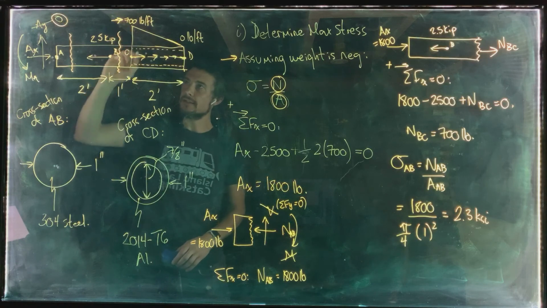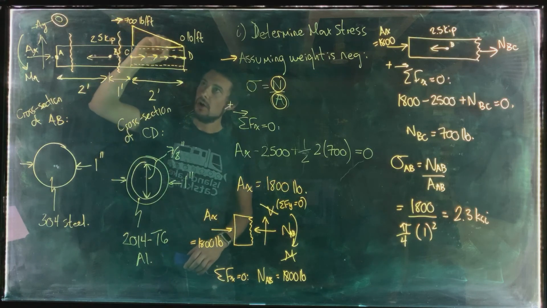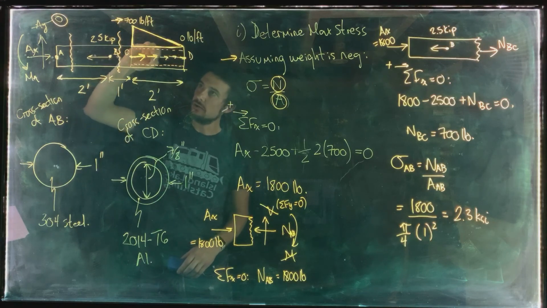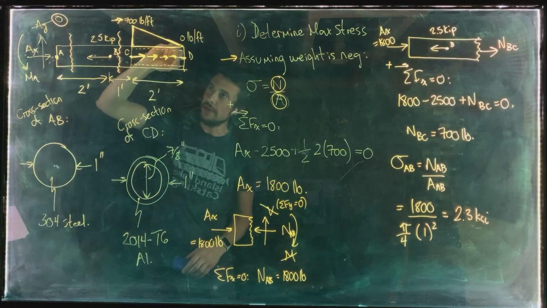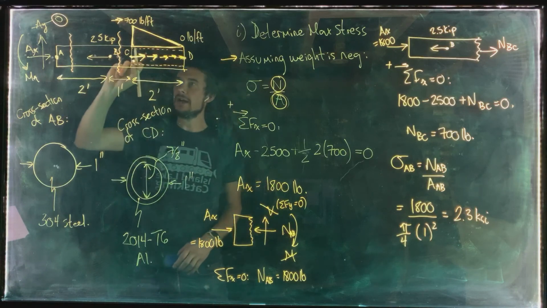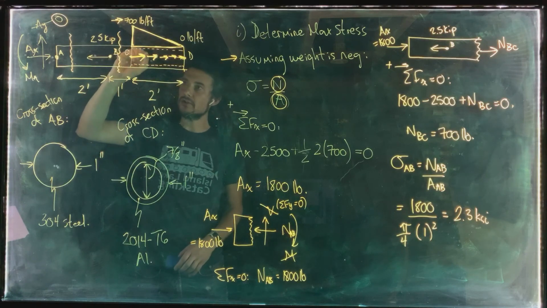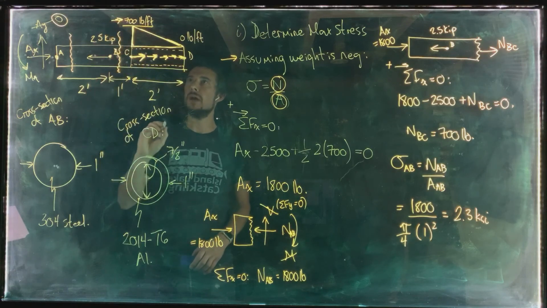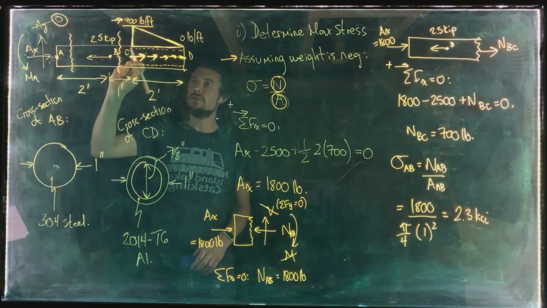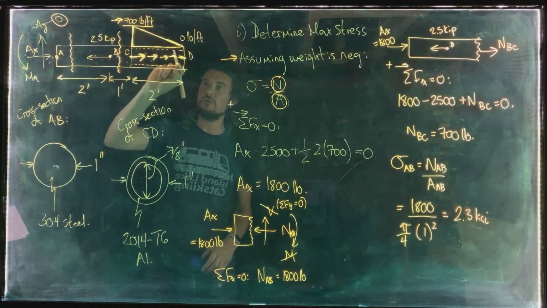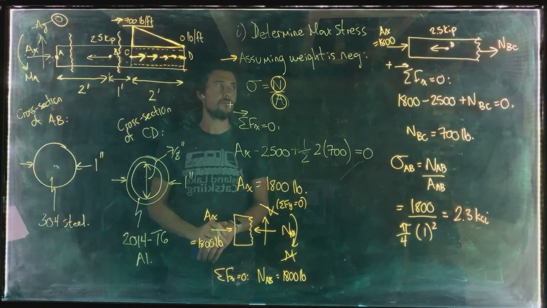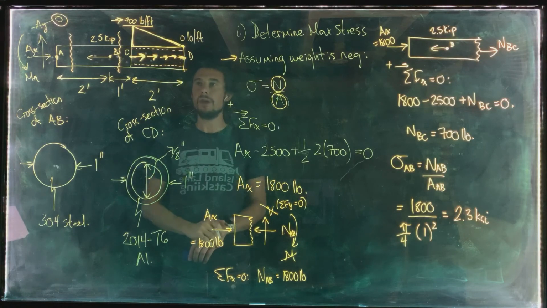That represents, so this triangle here is just a sketch to represent how this axial load is changing with length. Okay, so this axial load, the large vector at the start represents an axial load of 700 pounds per foot, and the magnitude of that load decreases as we move along the length of the tube down to a value of 0. Okay? Yeah.